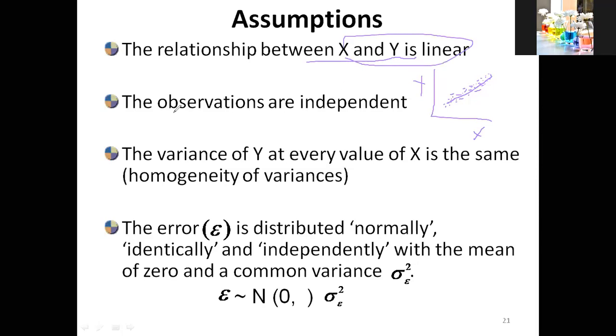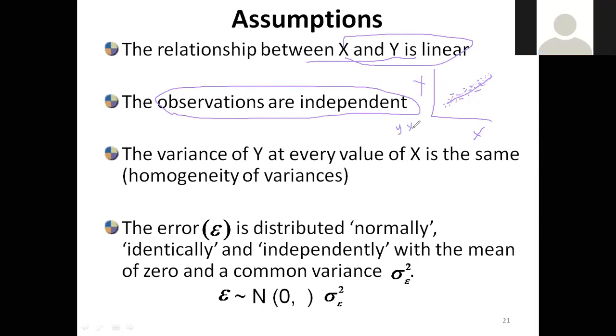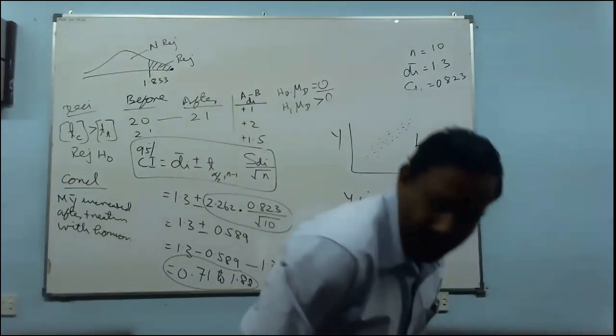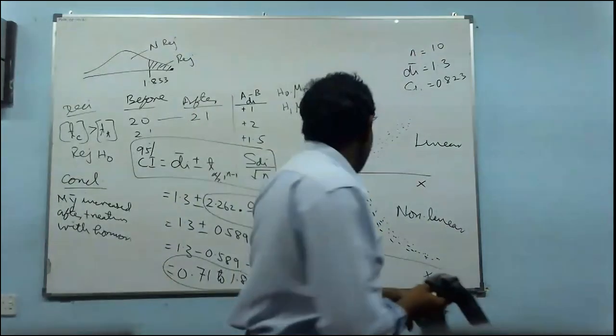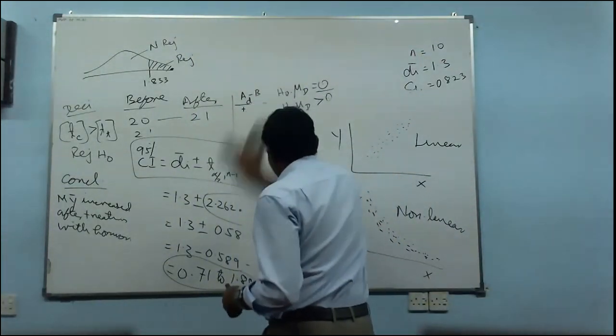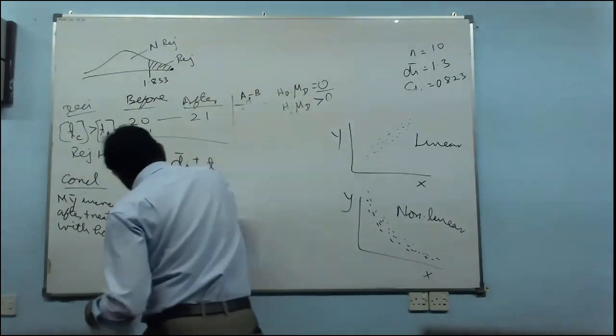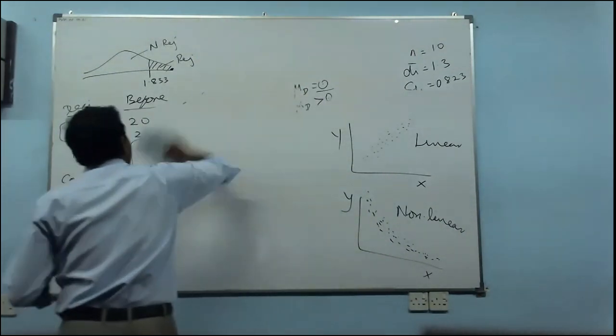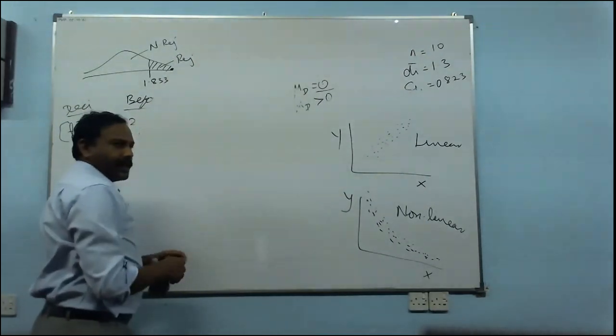The second one: the observations are independent. So you see here, we have y observations and x observations at different levels. What is independence of the observations?